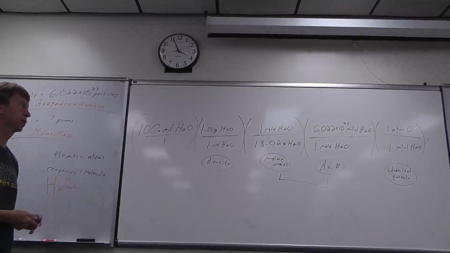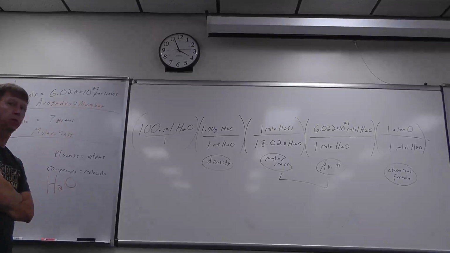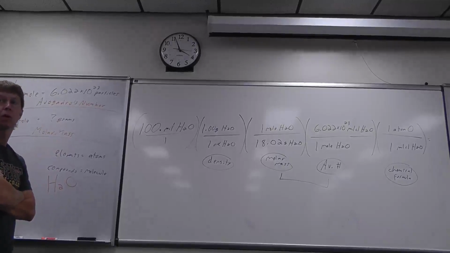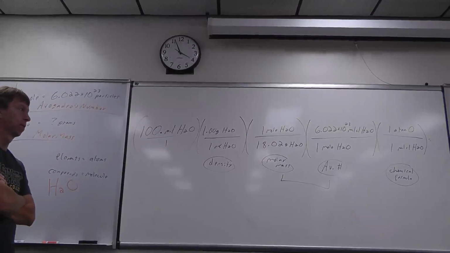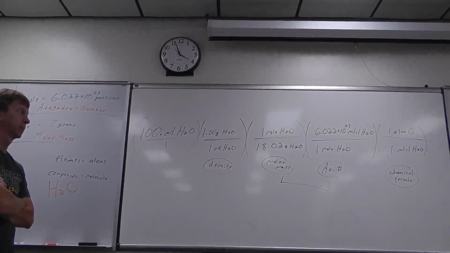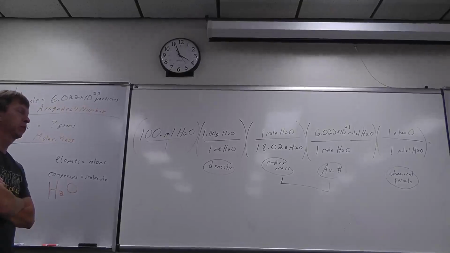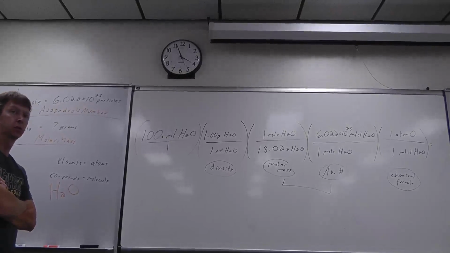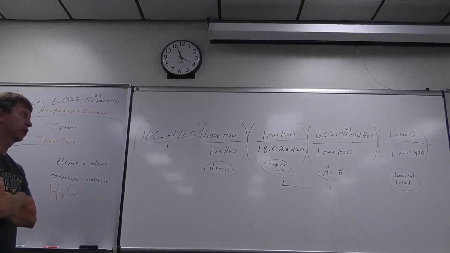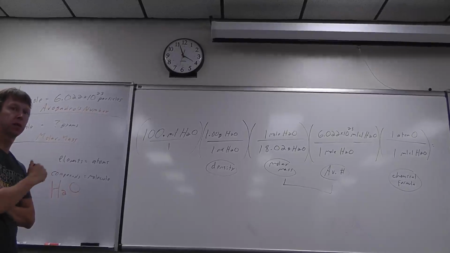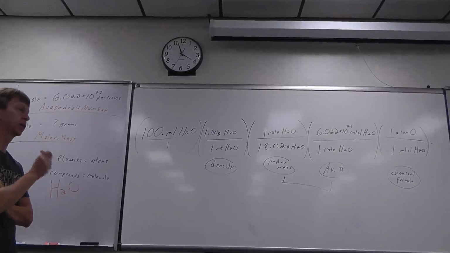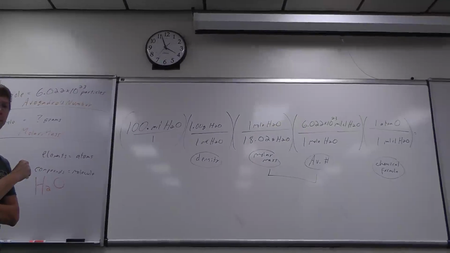Each of these first 3 conversions we've used before. Not quite all piled up together, but we have used them before. So the focus here is that last parenthesis, because that's where we go internal on the water. One molecule of water containing one atom of oxygen. That's where we focus in on the oxygen part of the water.